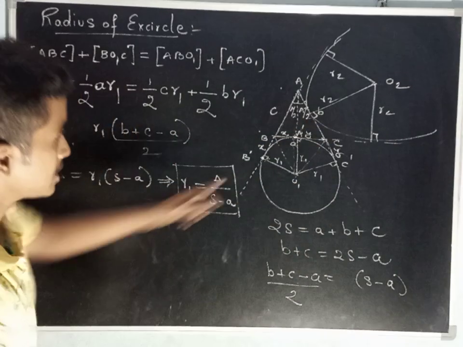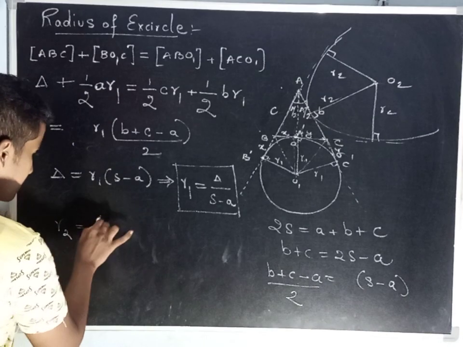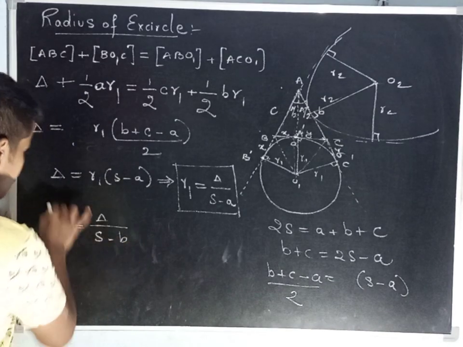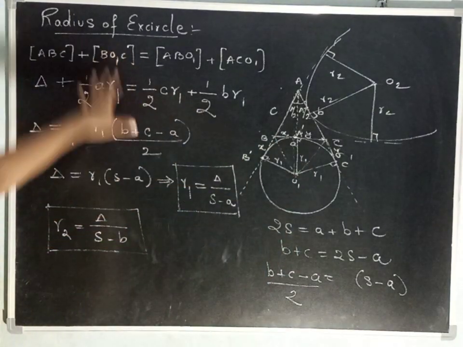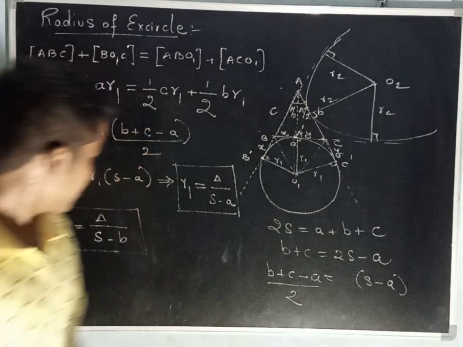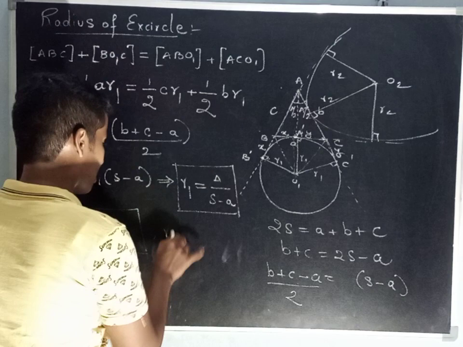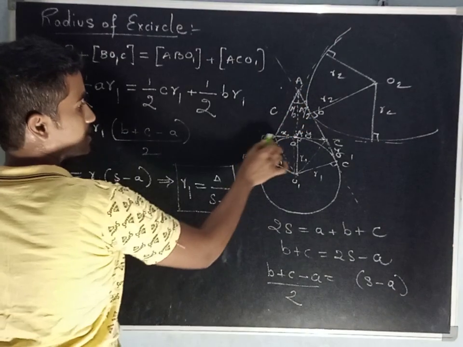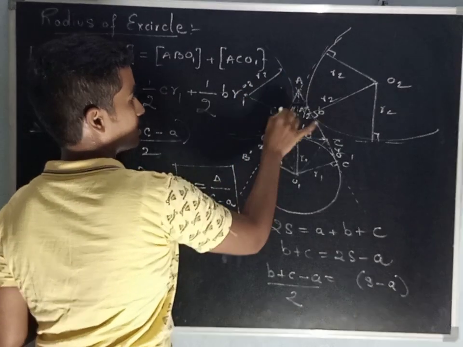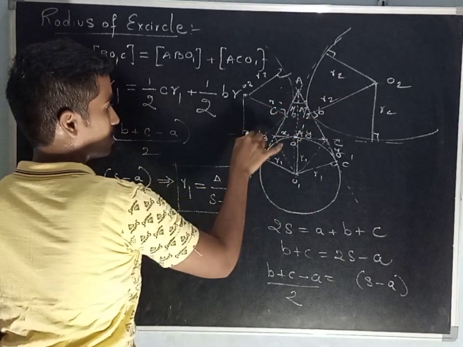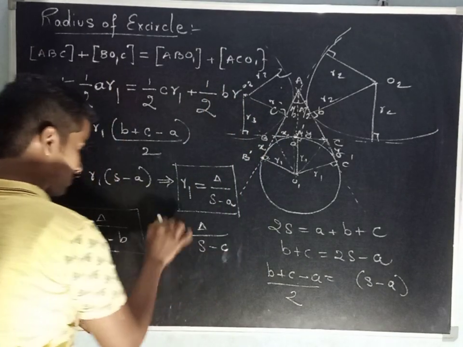Similarly, R2, which is opposite to the vertex B, can be written as delta by S minus B. We can prove it by the same geometrical method. R3 is the same: drawing a circle, center O3, R3, R3, R3. R3 is nothing but delta by S minus C.